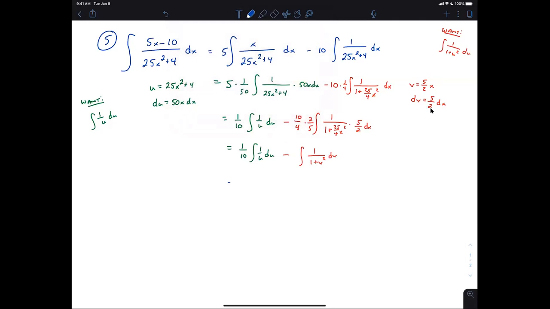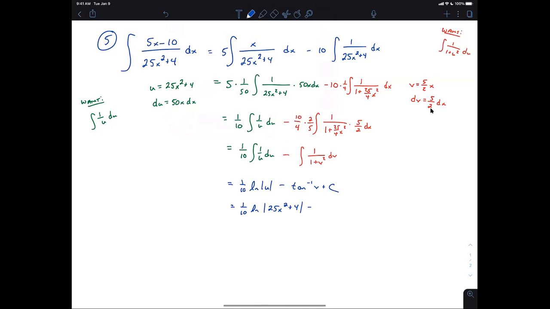And now, okay, that's 1/10 natural log absolute value of u minus inverse tangent of v plus c. And so we get 1/10 natural log absolute value of u, but u was 25x squared plus 4.